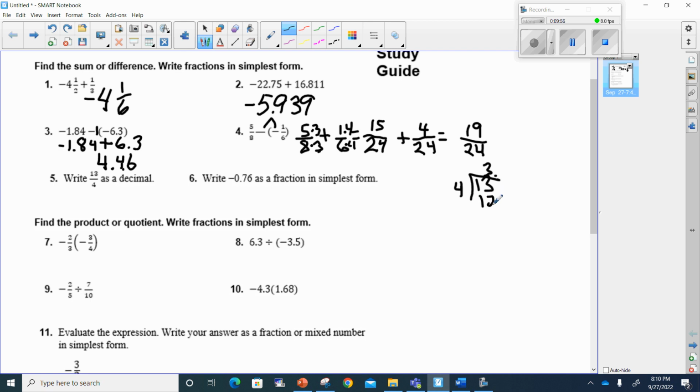And 13 minus 12 is 1. When I put a 0 here, 4 goes into 10 two times, leaving me with 2 again, right? And then 4 goes into 20 five times. So my answer to this will be 3.25.